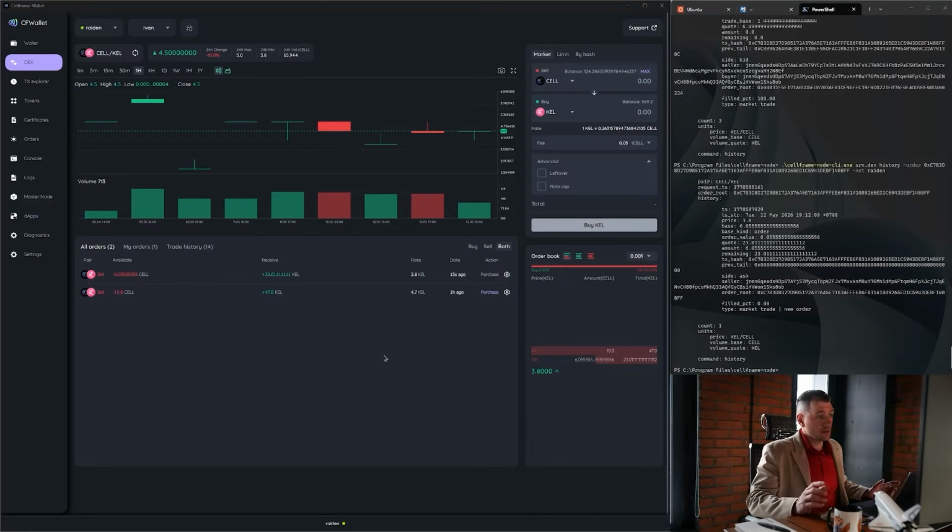So this is a very nice and useful feature when your budget is more than the market can offer you. So you purchase all available orders on the market and at the same time you create a brand new order which can be consumed further by other counterparties. Okay.